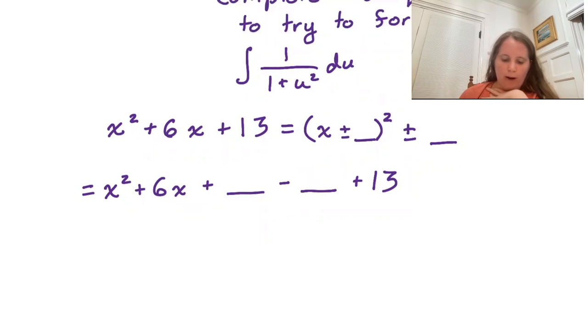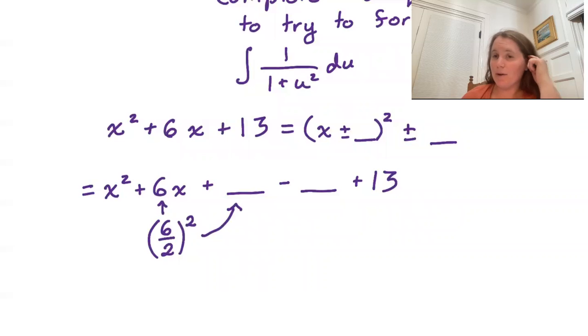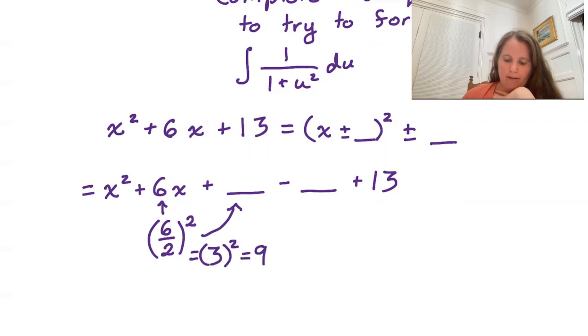So to have a square, this winds up being twice. So we're going to divide this by 2 and then square it in order to get that. So when we complete the square, we take that middle coefficient, divide by 2, and square it to figure out what's missing. So this is 3 squared, or 9.